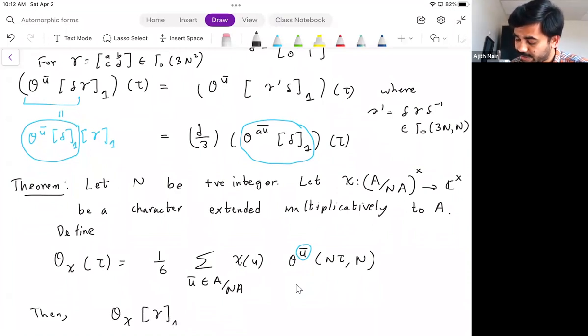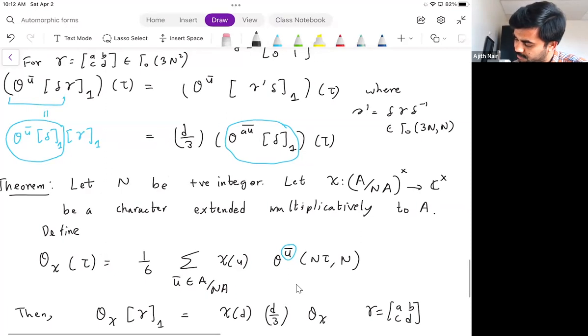So if you act on it by gamma, then you are going to get chi of d, Legendre symbol d over 3, theta chi, where gamma is (a, b; c, d) in Gamma naught 3n squared.